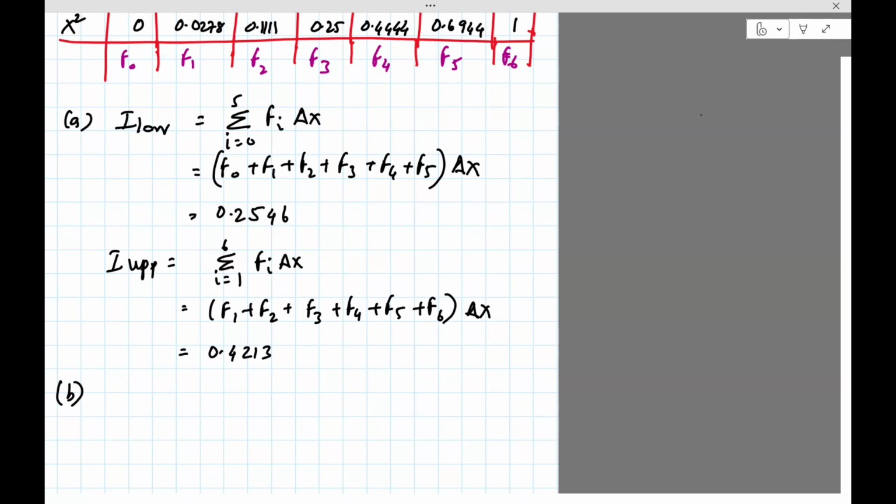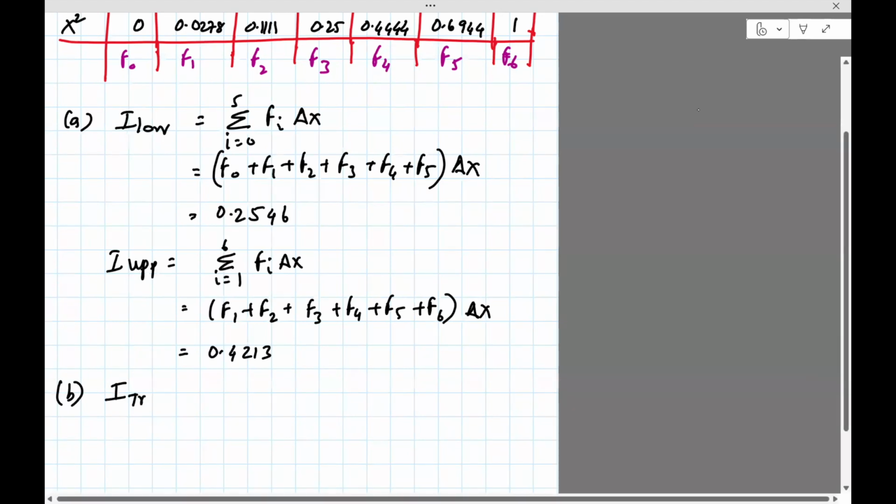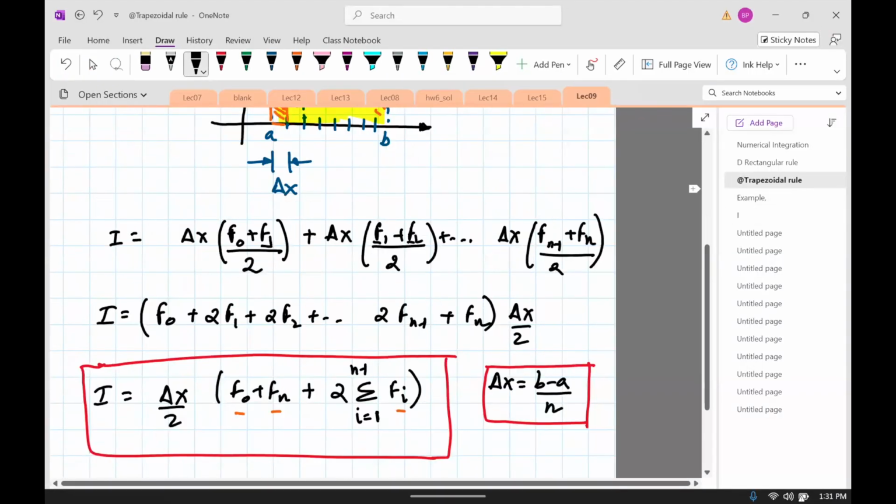Let's use the trapezoidal rule. We call that trap equals. Okay, so the formula was right here. It's delta x divided by 2, f0 plus fn, fn being 6, plus 2 times summation from 1 to n minus 1, so 1 through 5.